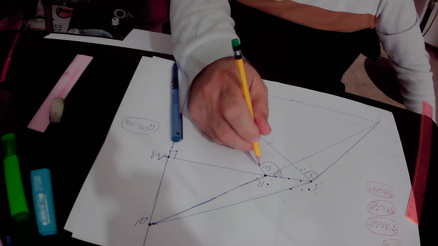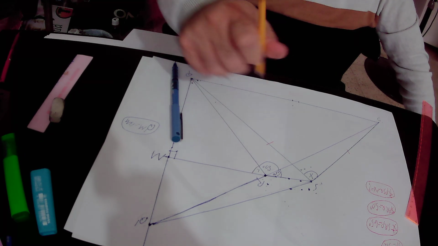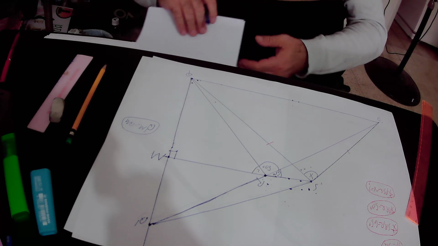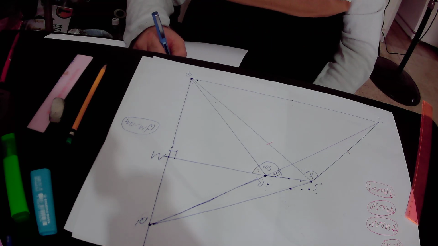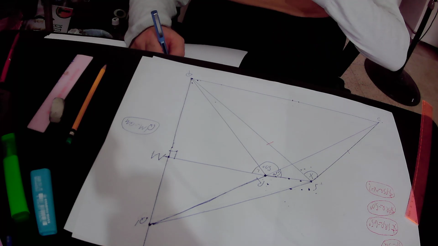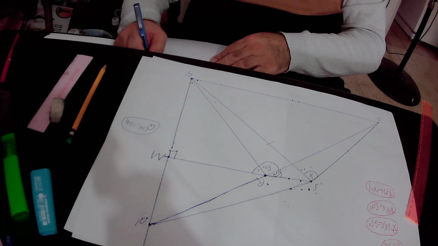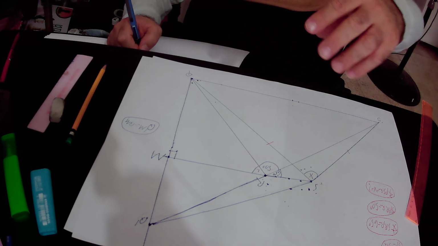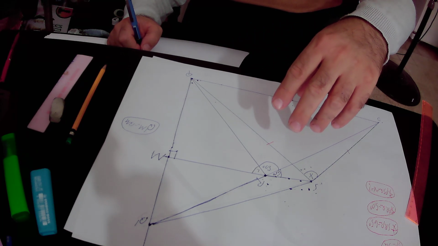So we will define this angle as angle L, and we will get that 65 degrees plus 50 degrees plus the size of angle L must be equal to 180 degrees according to rule number 1, that states that the sum of the angles on one side of a straight line equals 180 degrees.